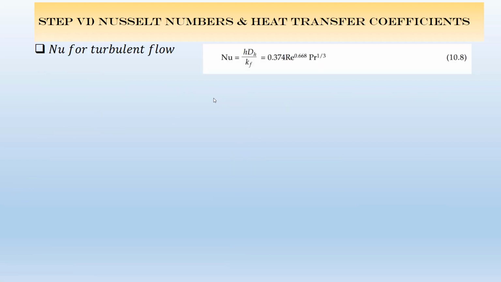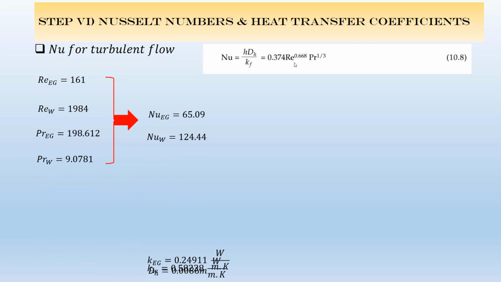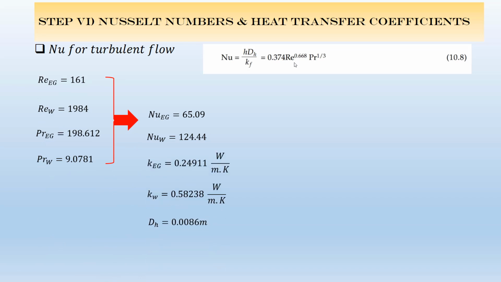Since they are turbulent, you can use this correlation to find the Nusselt number. By having the Nusselt number, the definition of hydraulic diameter, and the thermal conductivity for ethylene glycol and water, you can find the heat transfer coefficient for EG and water.